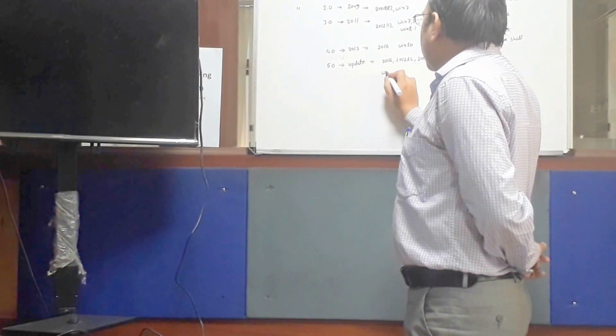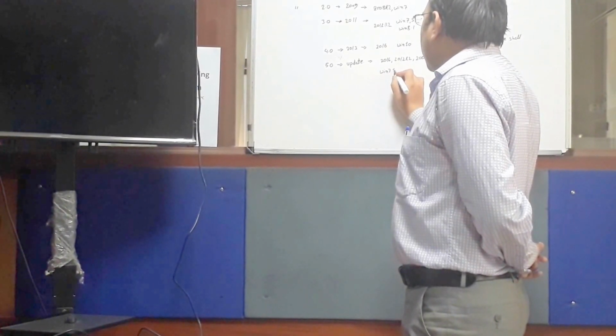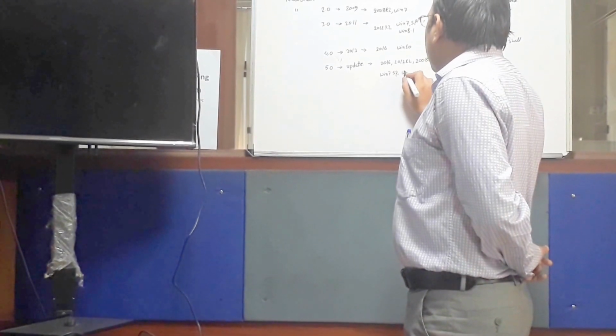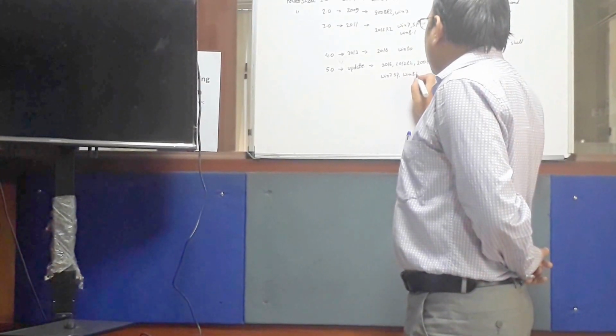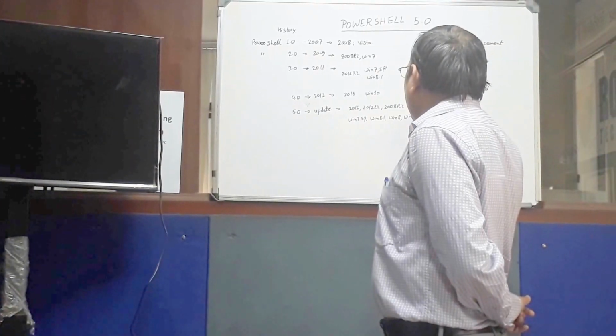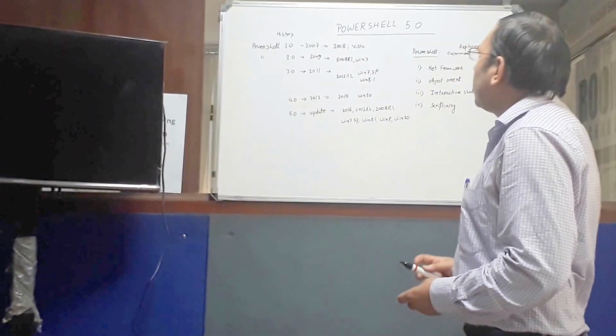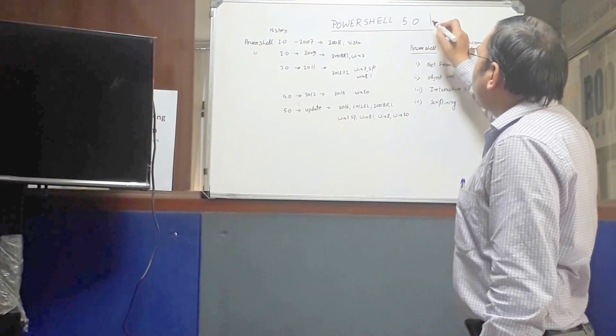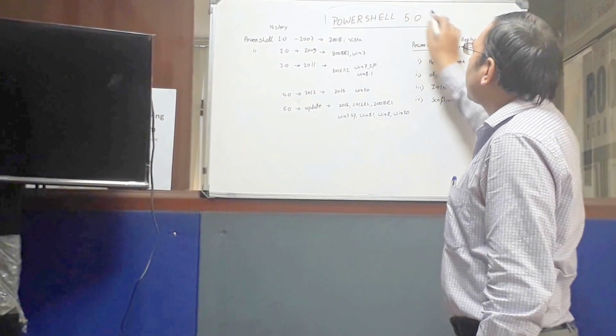You can also update this on Windows 7 Service Pack 1, Windows 8.1, Windows 8, as well as Windows 10. So we are mainly focusing on PowerShell version 5.1 for our discussion.